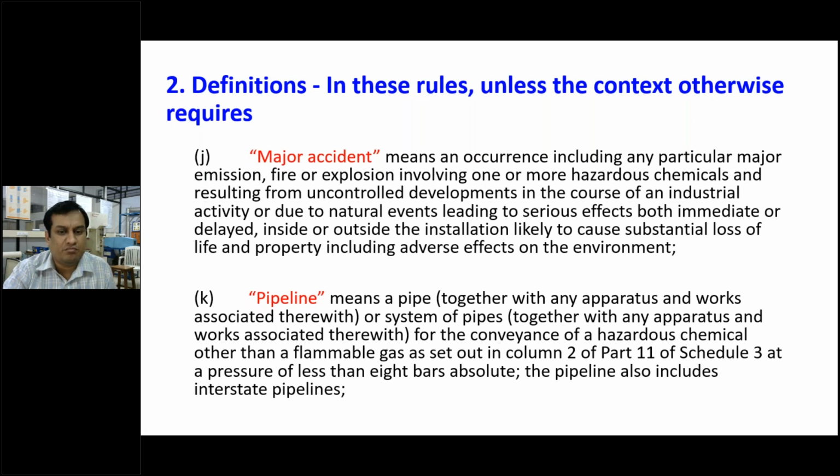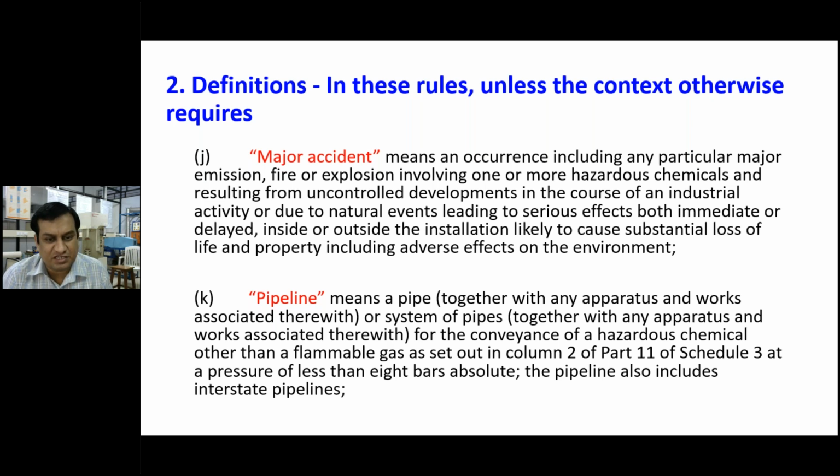Then pipeline means a pipe or system of pipes for the conveyance of hazardous chemicals other than a flammable gas as set out in column 2 of part 11 of schedule 3 at a pressure of less than 8 bars absolute. The pipeline also includes the interstate pipelines.